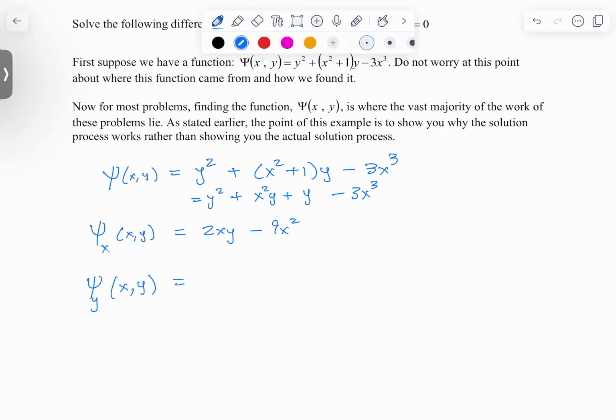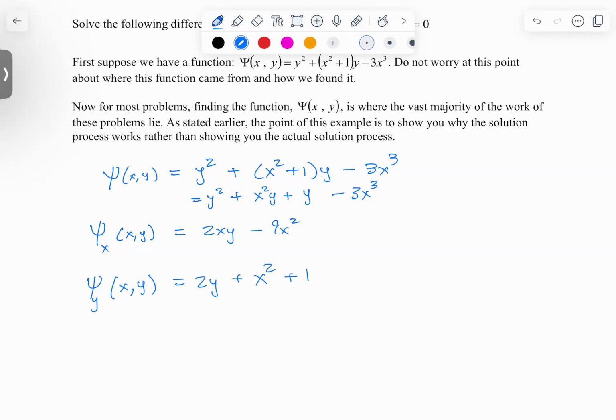I just want to make sure we're okay. Now same thing, partial with respect to y: y squared gives 2y, x squared y gives x squared plus 1, and then minus 3x cubed.